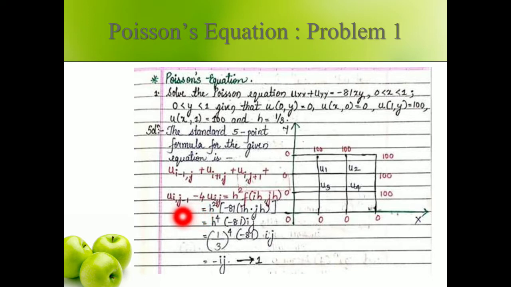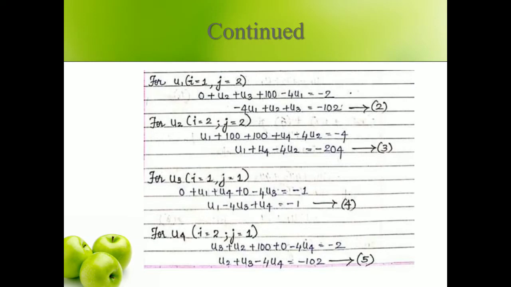So h raised to 4 times minus 81 ij. The h value is 1/3, so (1/3) raised to 4 times minus 81 ij. So you have got minus 81 ij as the first equation.